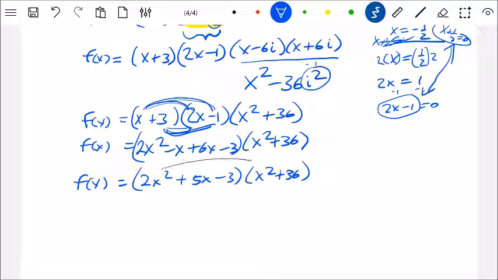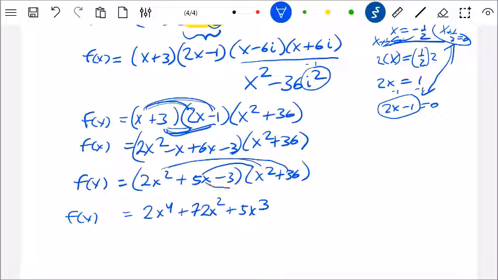Now I'm going to multiply that out. And this time I'll just do it this way. So that's 2x to the 4th. And then to this one, plus 72x squared. And now it's this one, plus 5x to the 3rd.